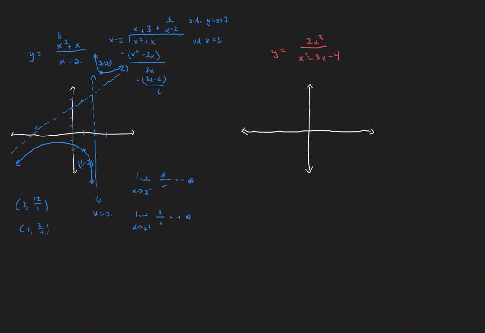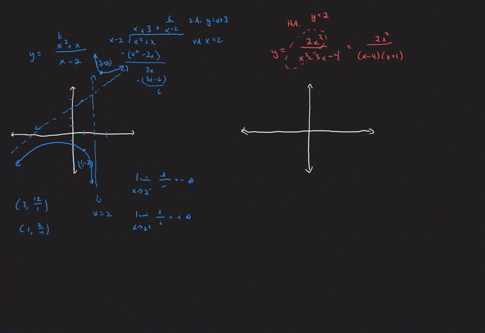Okay, let's see that we get a horizontal asymptote. We can see that the highest powers of x and their coefficients are going to be 2x squared over x squared, so we're going to get y equals 2. I'm going to factor that denominator into x minus 4, x plus 1.